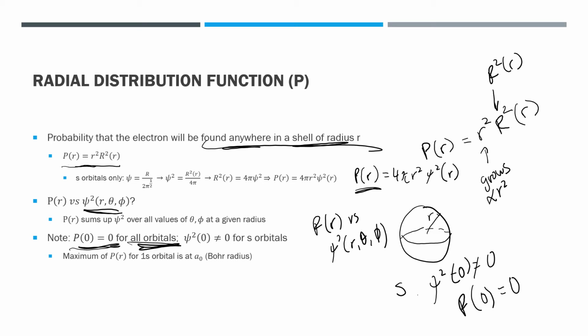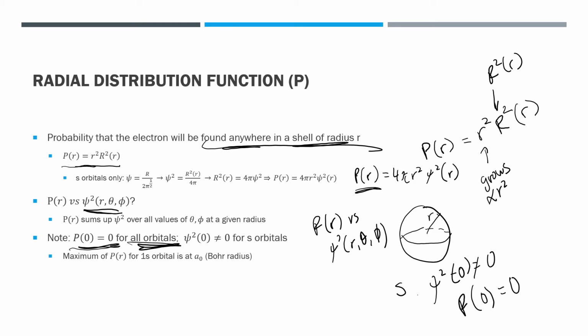There's no place you can find the electron as you shrink the radius smaller and smaller, so the probability you find an electron there is 0. So even though psi squared of 0 might not be 0, the actual probability is 0 because you've shrunk your radius to 0, and there's no surface area to actually observe the electron.